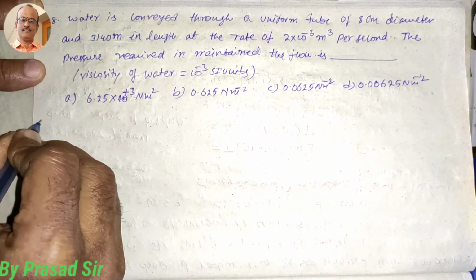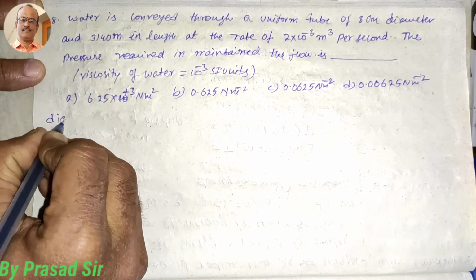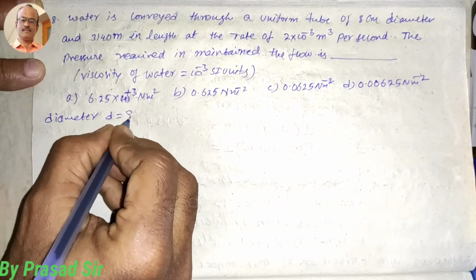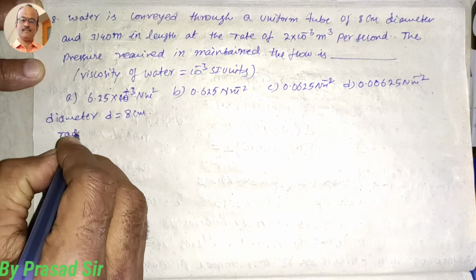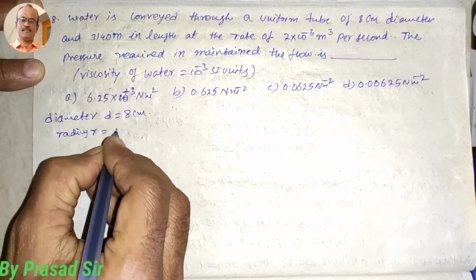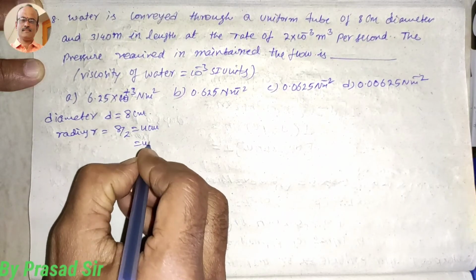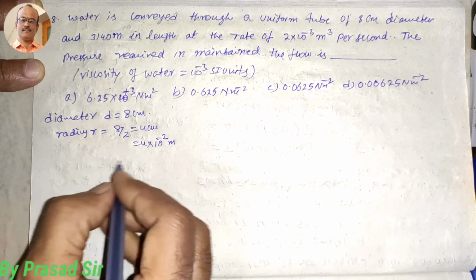So first of all, what are the given values for this particular uniform tube? Diameter D is equal to 8 centimeter, and radius R is equal to 8 by 2, which is equal to 4 centimeter. 4 centimeter is nothing but 4 into 10 to the power of minus 2 meters.